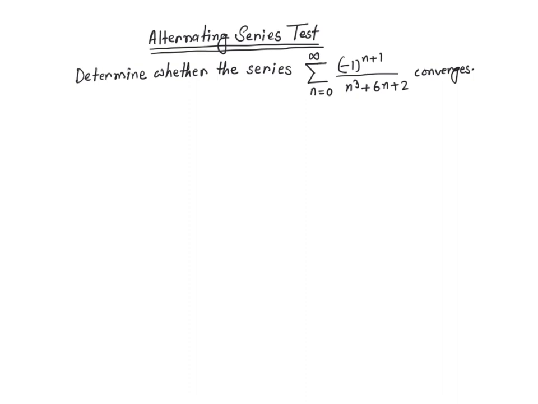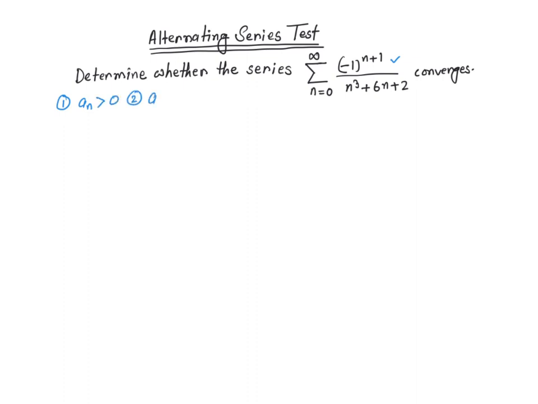In this video, I'm going to use the alternating series test to determine whether this series converges. The alternating series test tells you an alternating series converges if the following conditions are satisfied. One, each of these terms a sub n is positive.